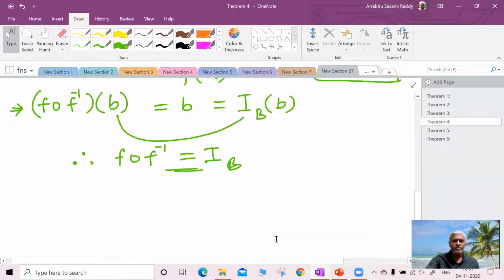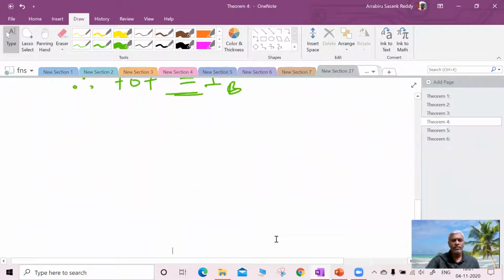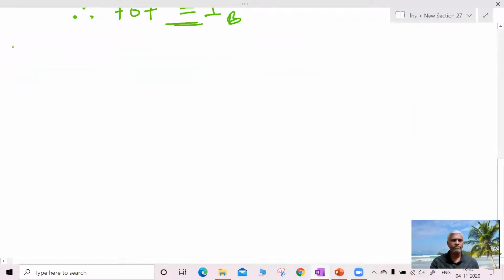Now, let us prove the second part. The same way, first we have to prove that they are defined on the same domain.